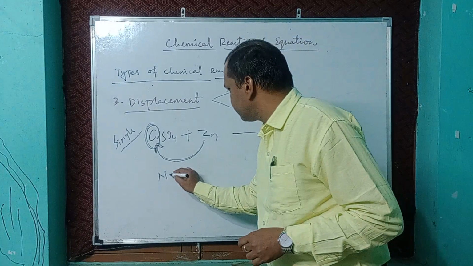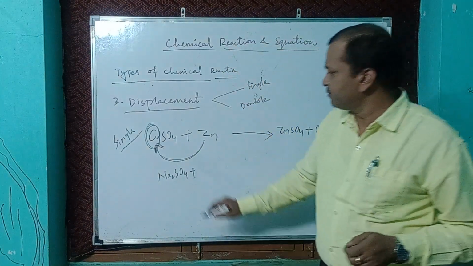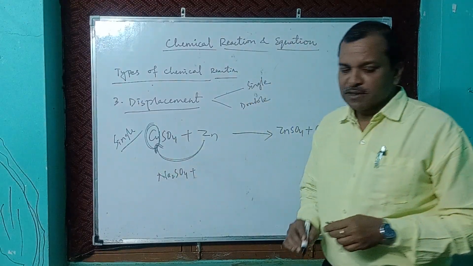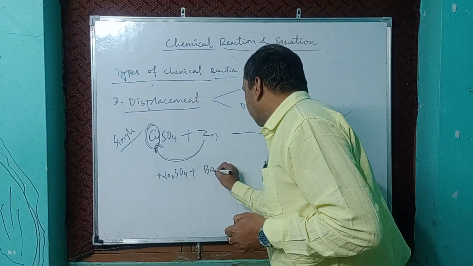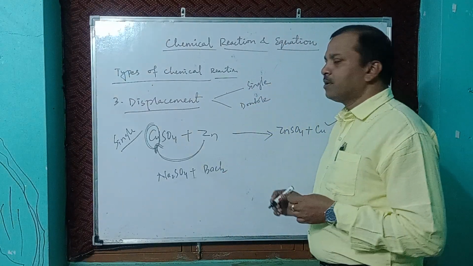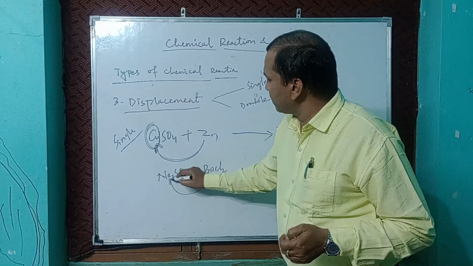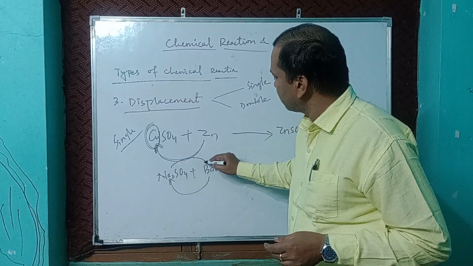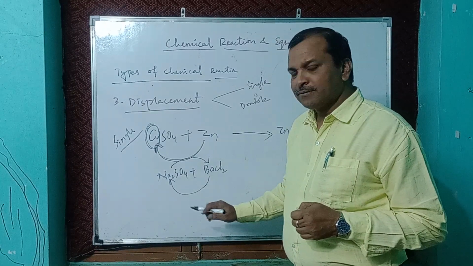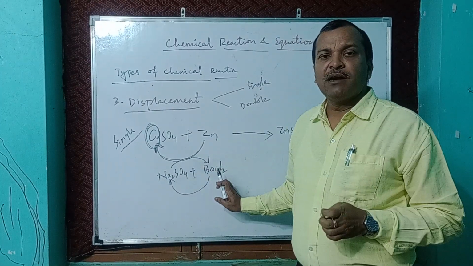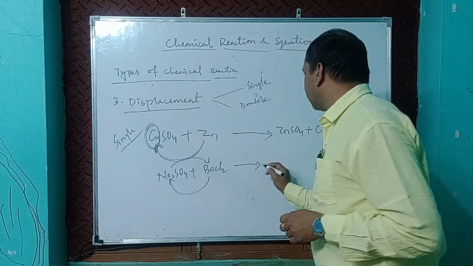Na2SO4, sodium sulfate, plus barium chloride, BaCl2. Here both the elements will displace both. This will come here and this will come here. Ba will displace Na and Na will come here and merge with Cl. So what we will get? BaSO4.